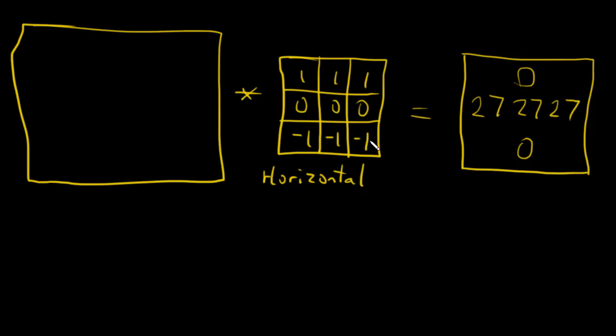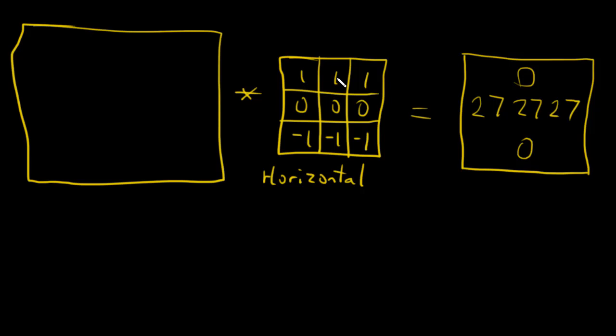So by using a different filter, in this case a horizontal edge filter, I can now tell where I have horizontal edges in my original image and whether or not it is transitioning from light to dark or dark to light. So with just these very small changes, we can now actually tell what type of features, the very large gross features of the image, are with a single filter.